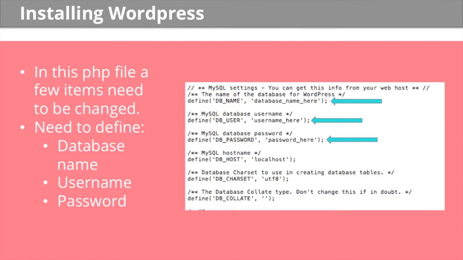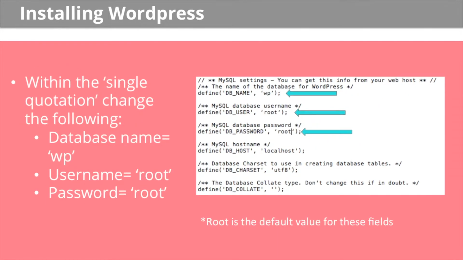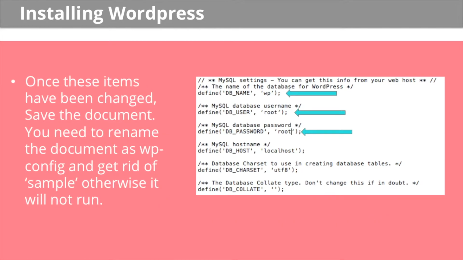We need to define the database name, the username, and password. Within the single quotation marks, change the following. For database name, in this case, we named it WP. And for username and password, you're going to change them both to root. Root is a default value for these fields, so go ahead and change those.